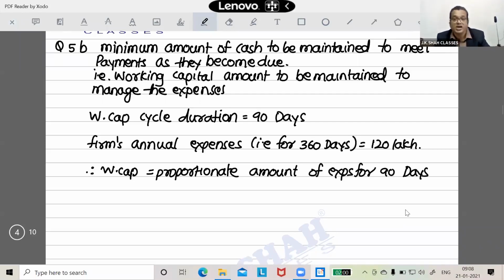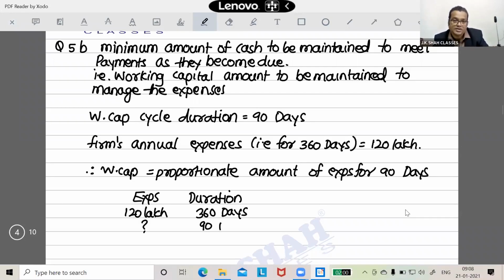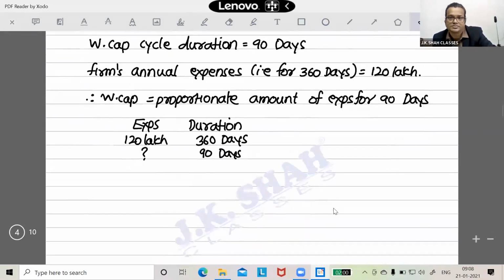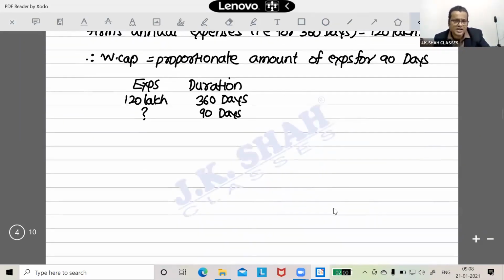So how will we calculate? We'll write like this: expense duration. Expense is 120 lakh for 360 days. Then how much for 90 days? Cross multiply.